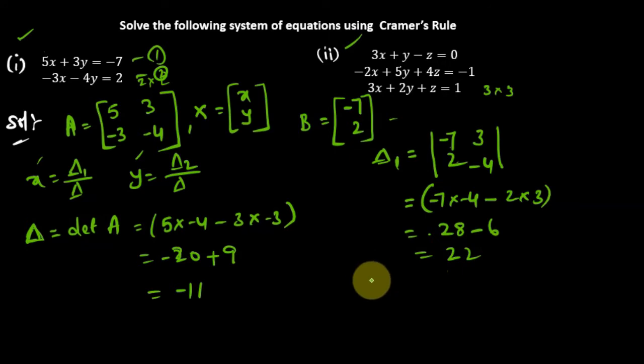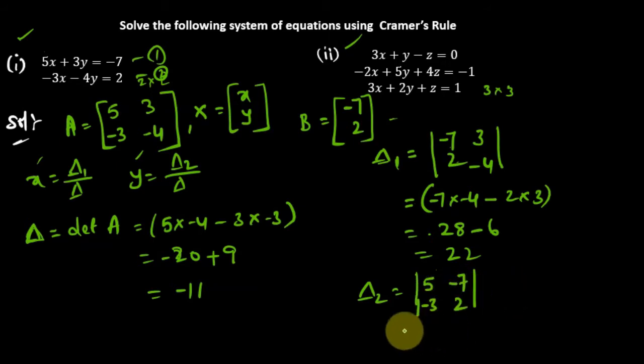Similarly, now we'll find delta 2. Delta 2 is the determinant of the same A matrix, but now the second column will be replaced with this B constant matrix. The first column remains the same, 5 and minus 3. My second column is replaced by the B matrix, minus 7 and 2.